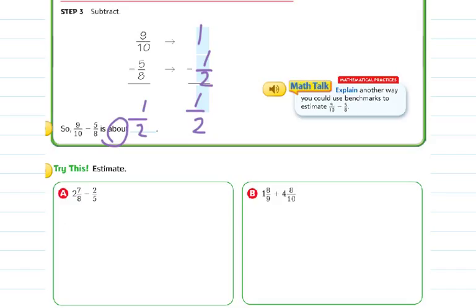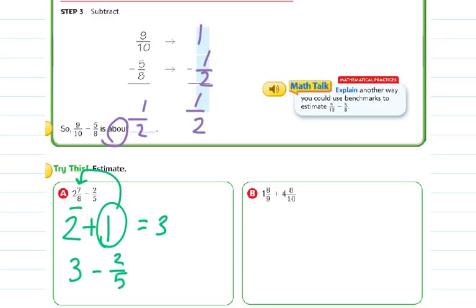Keep in mind that we had 1 whole, which we rounded from the 7/8, because 7 is really close to the denominator, and when we get 8/8, we get 1. So we're going to have 3. Now 3 minus 2/5. 2/5 is closer to a half, so we're going to round that to a half. If you take 3 and subtract a half, you would get the answer of 2 1/2.